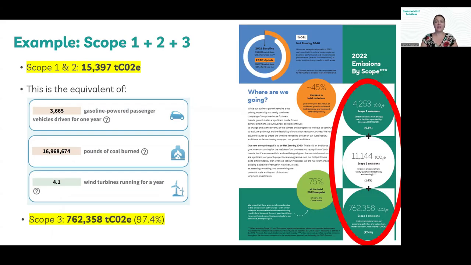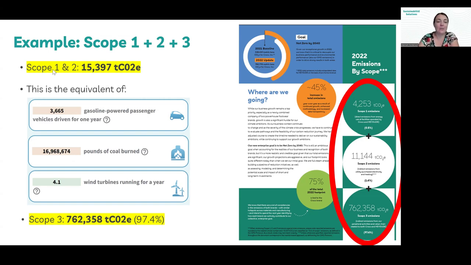Now, here's another example. This is a full scope 1, 2, and 3 example from Crocs, and this is from their sustainability report published online. If you have a favorite product, I encourage you to Google their annual sustainability report, A, to see if they have one, and B, just read it and see how it feels to you.